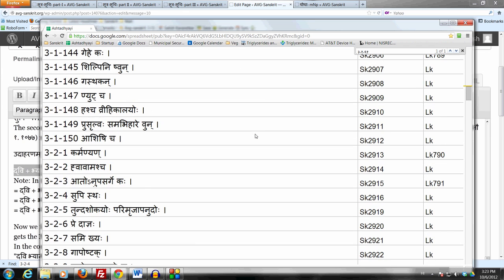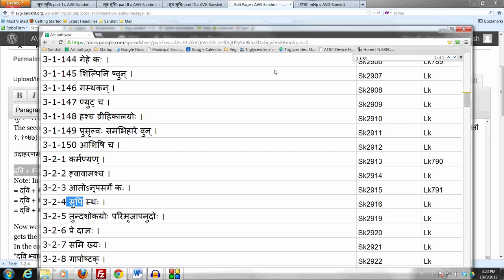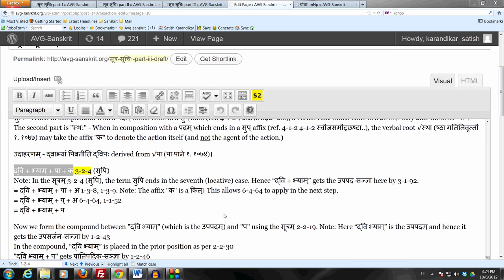And right now the upapadam for us is supi, a subantam padam. So we are using this affix ka on the condition that there is an upapadam which ends in a sup affix. So dvi plus bhyam and then pa plus ka by the sutram supi, which we have split out from supistaha. We have made supi a separate sutram.